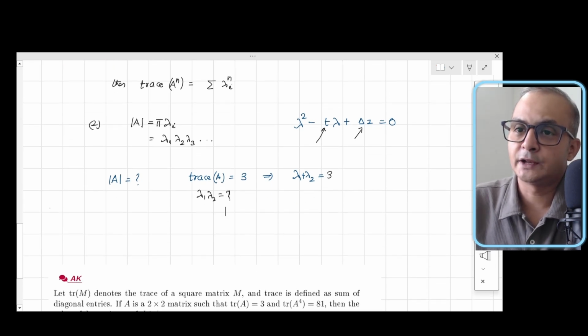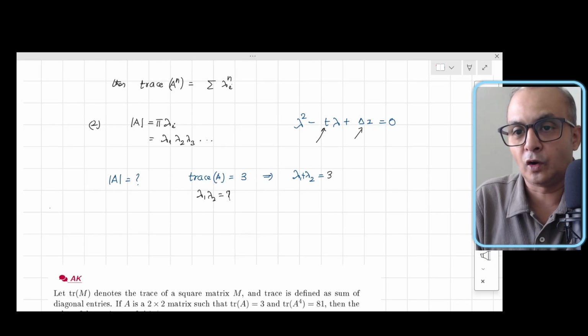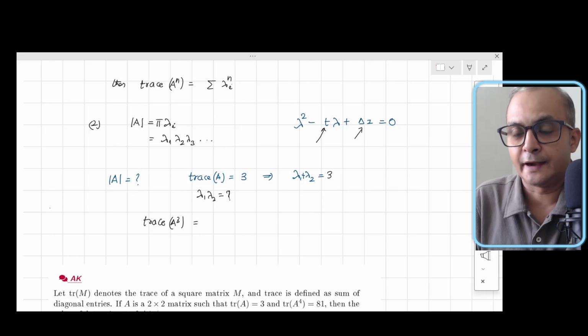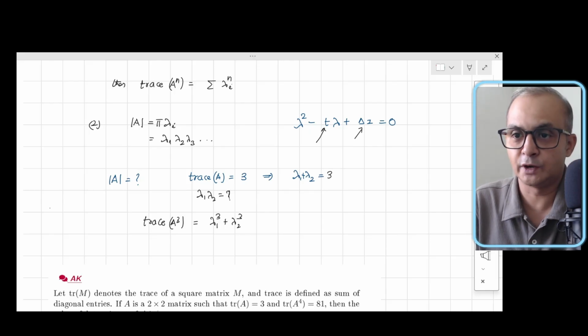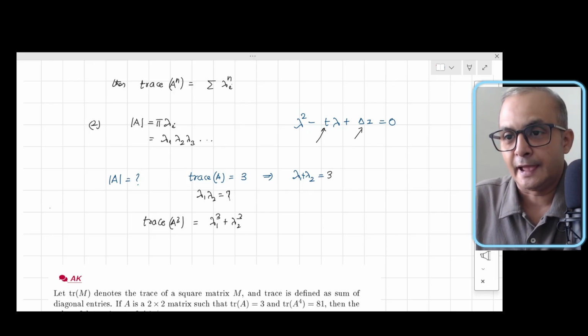So what do I do? We also know the trace of A cube is given, and trace of A cube is lambda 1 cube plus lambda 2 cube, and that is given as negative 18. So what can I apply here?